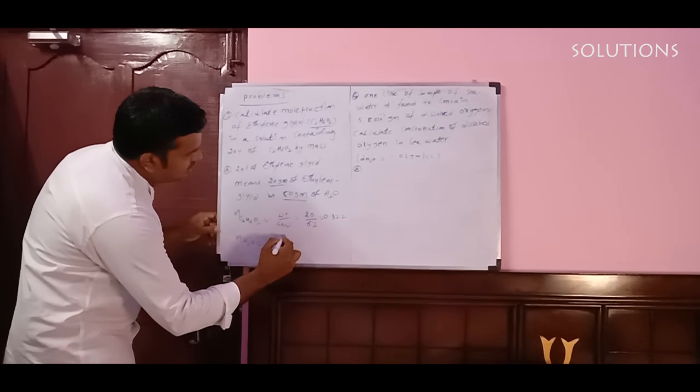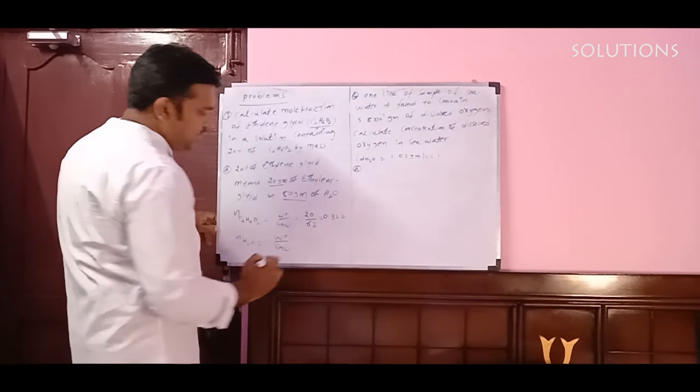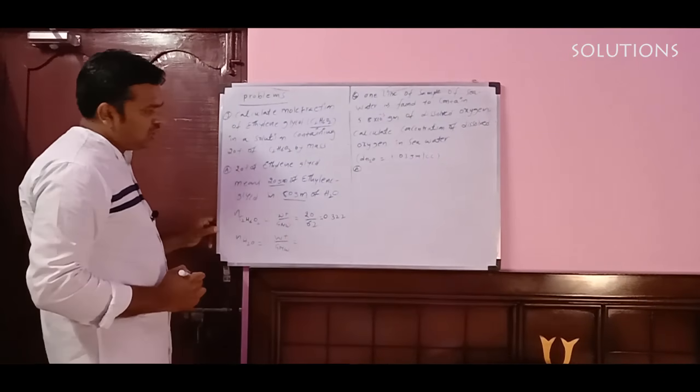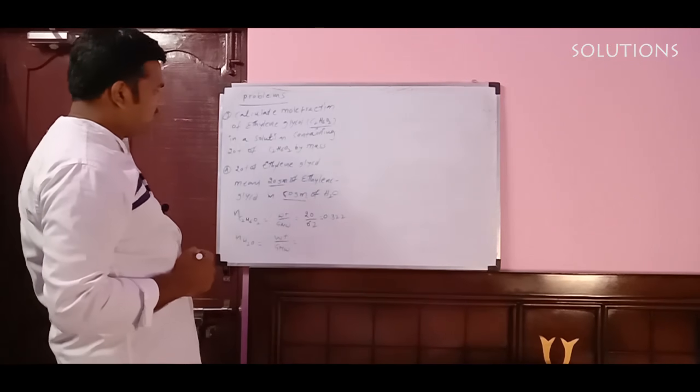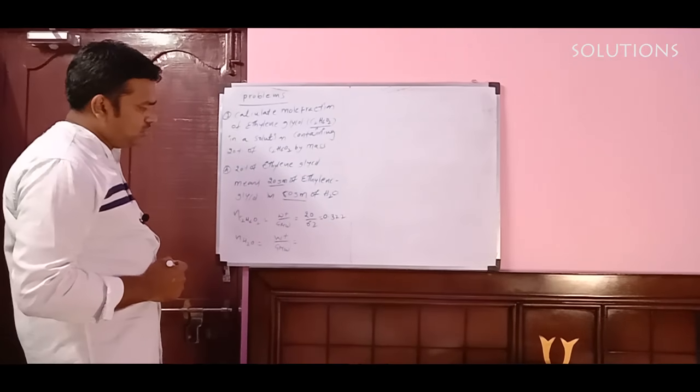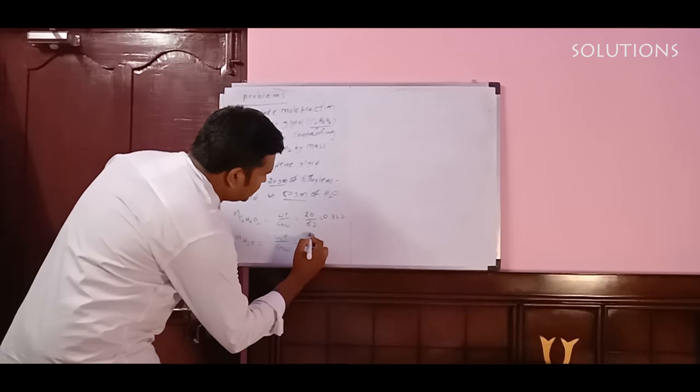Let us see the number of moles of water. Number of moles of water is equal to weight by gram molecular weight. What is the weight here? Water weight is 80 only.